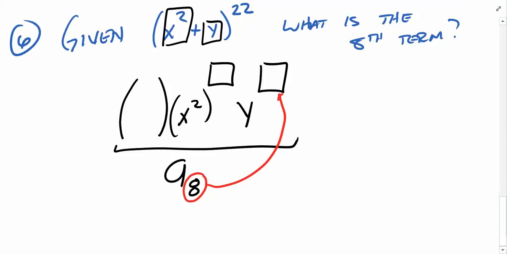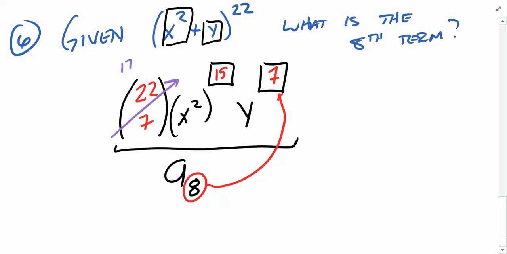And I know that this is going to be 22 choose that same number. Those all have to match. So therefore, what does that leave left over for the other exponent? It's got to be a 15. See how cool and easy that is, you guys? Okay? If we clean this up, we use our calculator and we say 22 choose 7 is a value of 170,544.